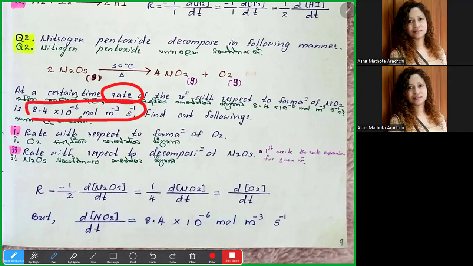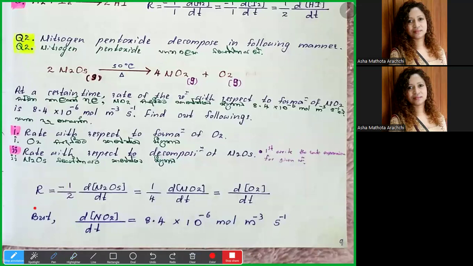If we write the total rate expression with respect to stoichiometry, N2O4 has 2, NO2 has 4, and O2 has 1. So you divide by 2 and 4, and this is just 1 here. And since this is a reactant, I'm going to add a negative sign here.